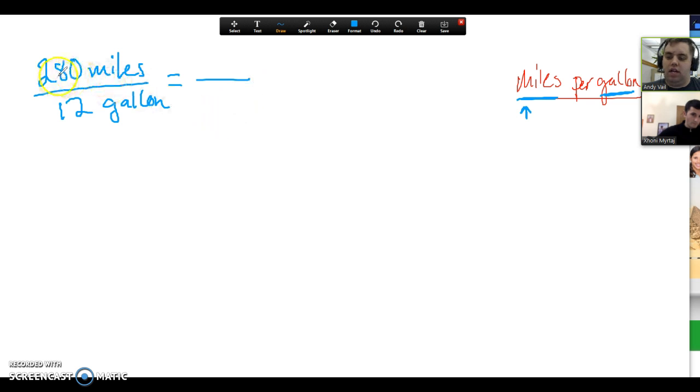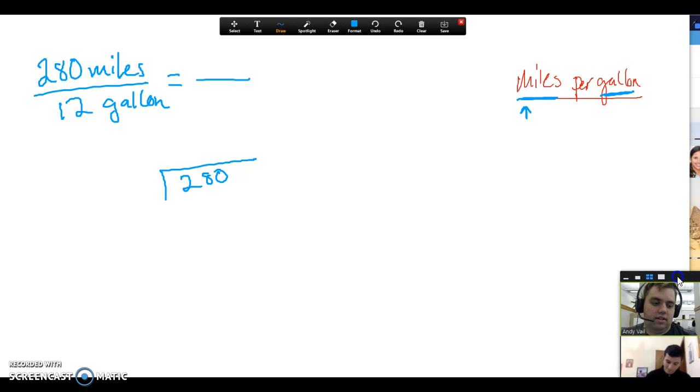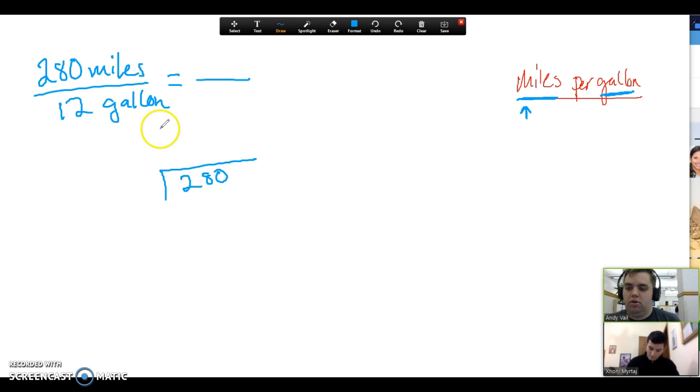And we can divide that. When you put this in your calculator, it's 280 divided by 12. If you want to divide it longhand, you would put 280 in the garage or in the house, however you want to say that, and put 12 on the outside.